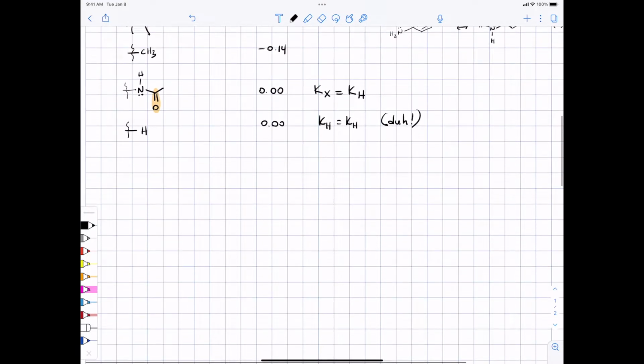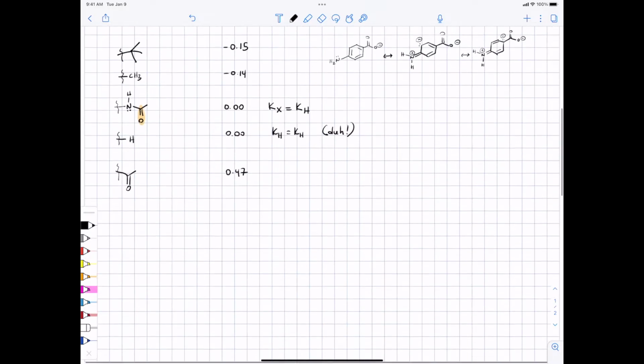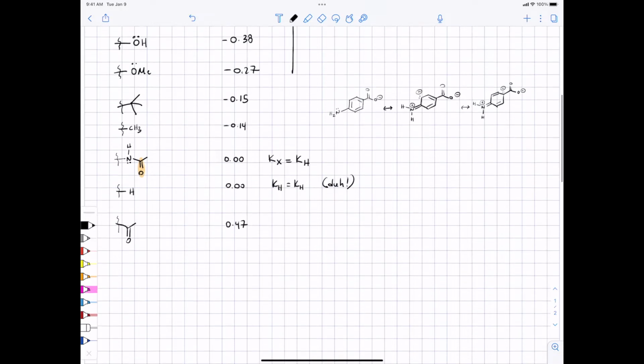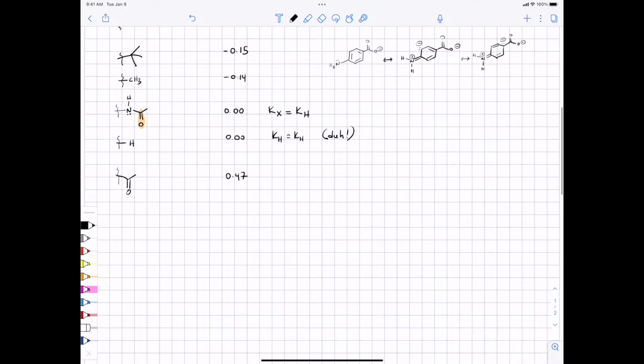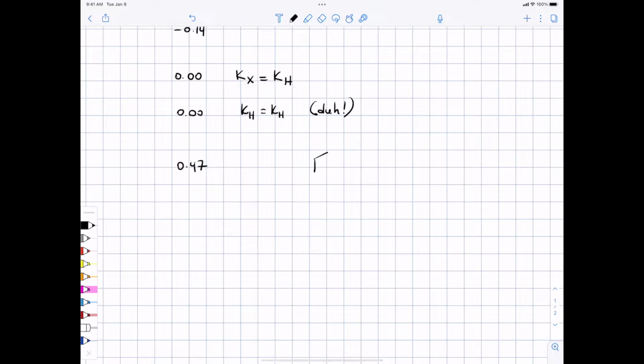Then as we go to other substituents that you might start recognizing as electron withdrawing groups, say a carbonyl adjacent to the benzene ring, that has a sigma para value of 0.47. And again, you might ask, how does that impact the stability of the conjugate base?